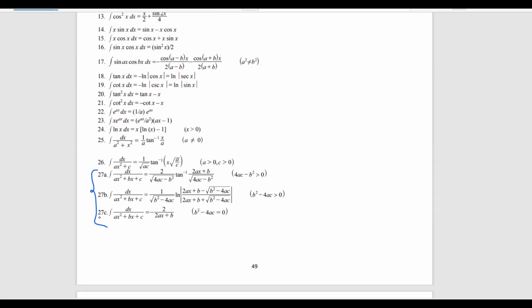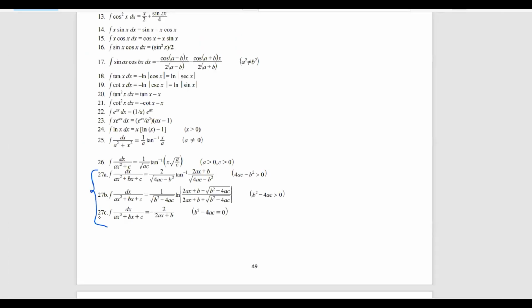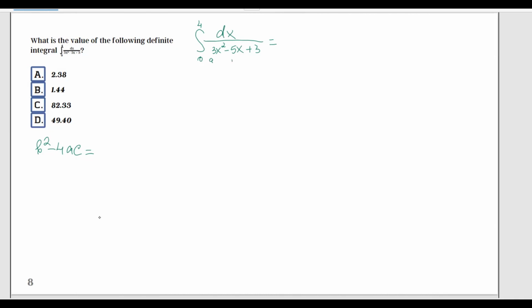So let's come back here, and I'm going to say b squared minus 4ac equals ? And of course, this is a, this is b, and this is c. So let's go ahead and apply that. We're going to have 25 minus 4 multiplied by 3 multiplied by 3. And this is 25 minus 36.